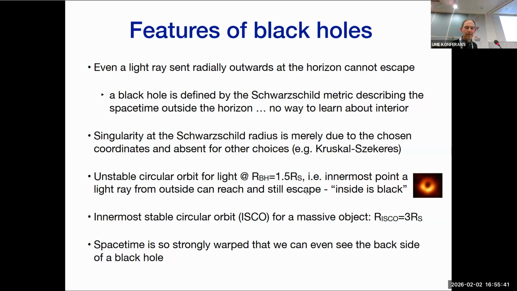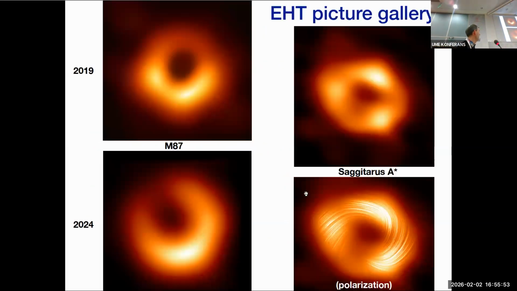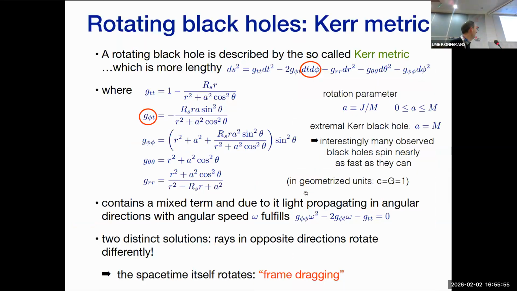So there you need to be quite a bit further away to have orbits. And it turns out, even in general relativity, Kepler is right. You get exactly the same orbits. Okay, so these are the pictures that I'm sure you've seen. If the black hole is rotating, things become more complicated. And then you get another solution of Einstein's field equations without matter, and that's the Kerr solution.